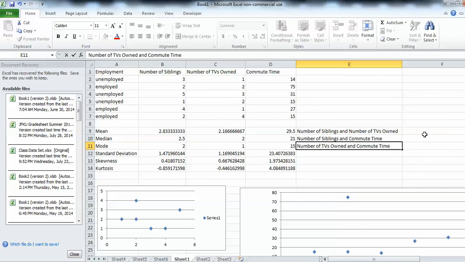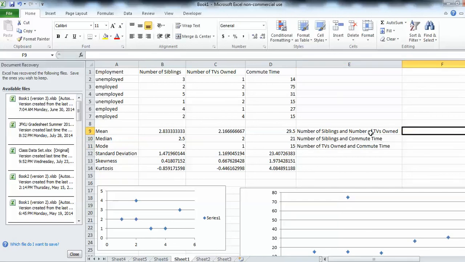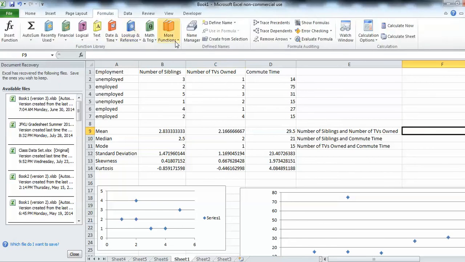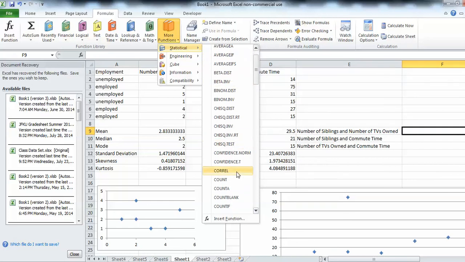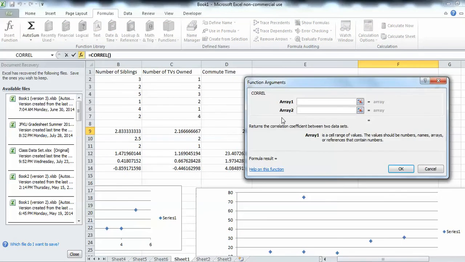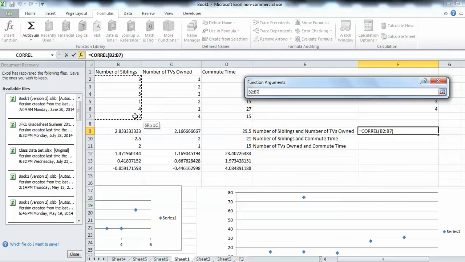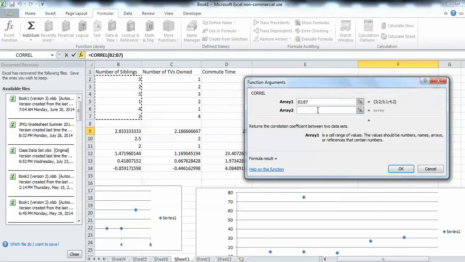And now I'll click right here. For number of siblings and number of TVs, I can go up to formulas again, go to statistical. Now I go to where it says CORREL for correlation coefficient. For array 1, I highlight siblings. For array 2, I highlight commute times.